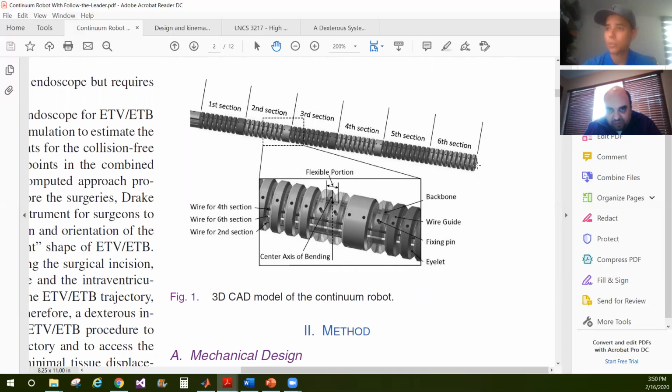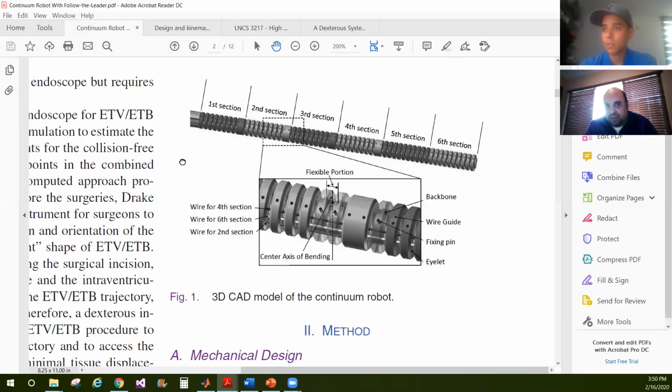It's what holds the whole robot together. And then the wire for the sixth section is the wire that makes the last section move. Right. So it's one wire for structural and the other wire for movement.